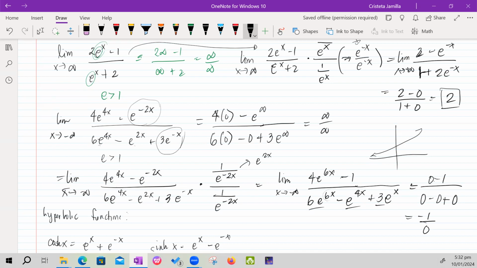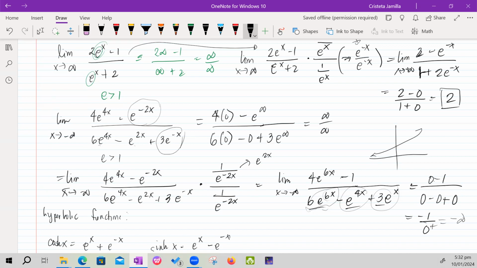So assuming x is a large number, we can say that e raised to 6x overpowers these other terms, and therefore 6e raised to 6x is too big. If you subtract e raised to 4x, it doesn't really matter, it's still positive, and therefore the direction should be 0 positive, and thus the limit is negative over positive, that is negative infinity.